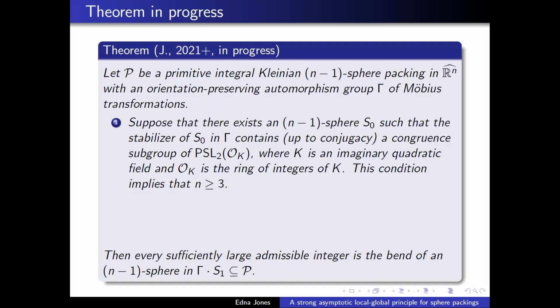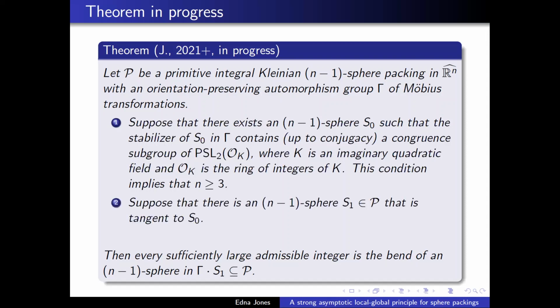So I'm working with at least sphere packings or hypersphere packings. I'm also assuming that there is an n minus one sphere S1 in our packing that is tangent to S naught. And the last condition is that I'm assuming that the ring of integers is a PID, a principal ideal domain.